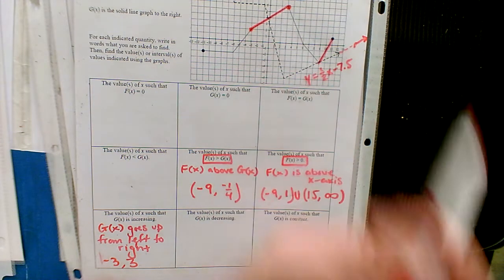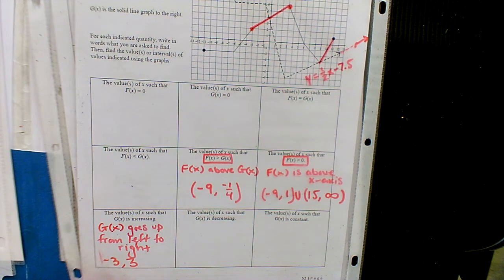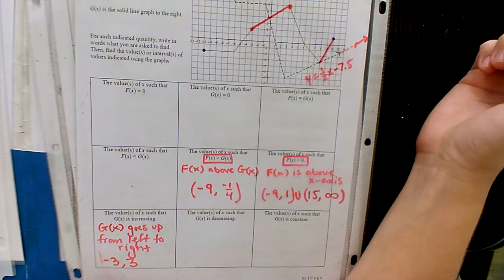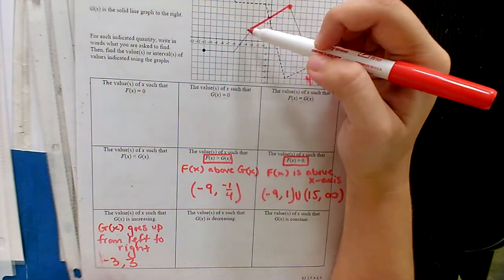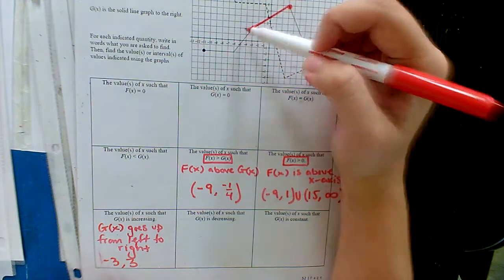Are you increasing at +3? What do you think, Adam? Staying the same. Would it be staying the same? What do you mean staying the same? Like, it isn't going up, really. It's just, like, there. Pretty much. You mean for this one right here? Yeah. Okay, so it is just there.